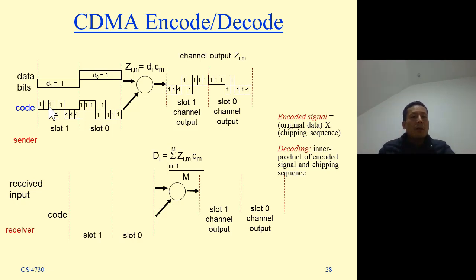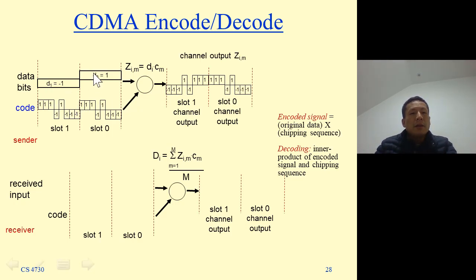So for encoding, when you send out the -1 bit, what you do is multiply them bit by bit. For example, -1 times the chipping sequence, and you do this bit by bit.